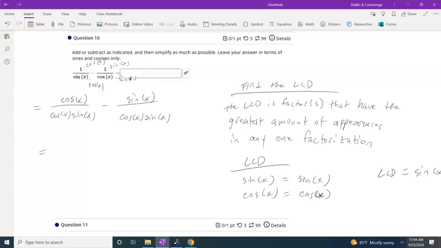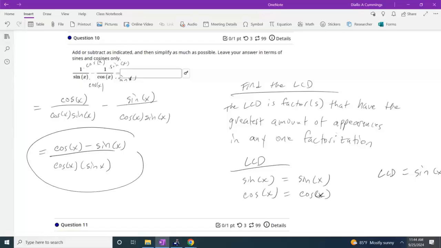Now I have a common denominator, so I'm going to keep the common denominator and combine my numerators. In the numerator, I have cosine x minus sine x, and that would be the solution.